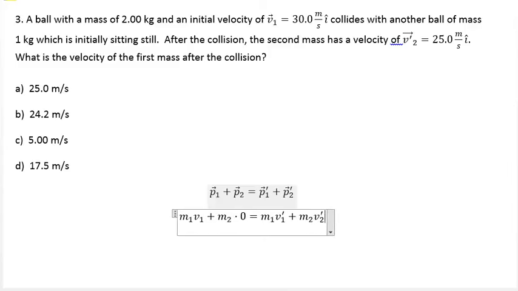Because these are all vectors, and there's nothing in y to begin with, and nothing in y in the second one after the collision, there's nothing in y at all.